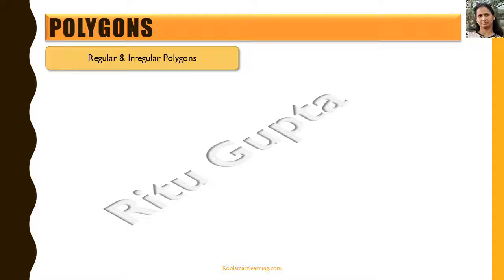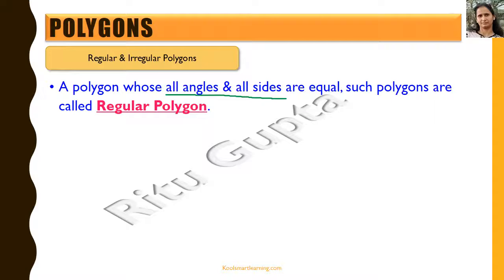So let's now understand what are regular and irregular polygons. The polygons whose all angles and all sides are equal are called regular polygons. So for example, if we draw a square, this is a regular polygon because all its angles are 90 degrees and all its sides are equal.